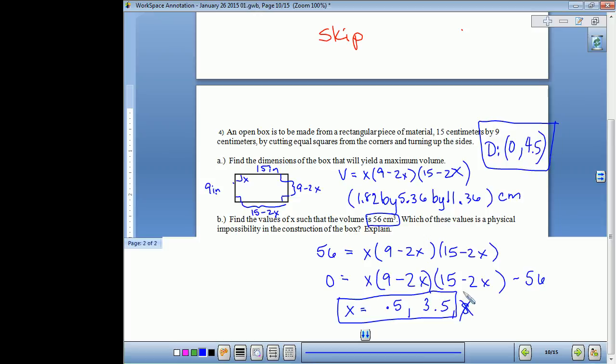Anything outside the reasonable domain does not exist in terms of this problem. So this problem says which of these values is a physical impossibility? The 8 is. Even though it's a zero, a solution to the equation, it's not a solution to this problem because it doesn't fall within the reasonable domain.